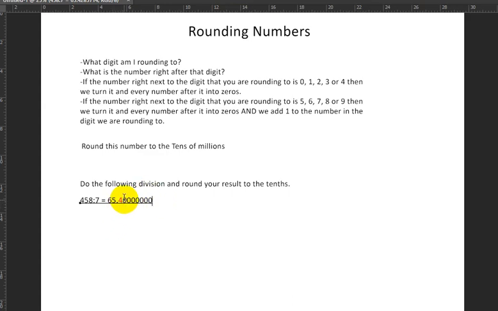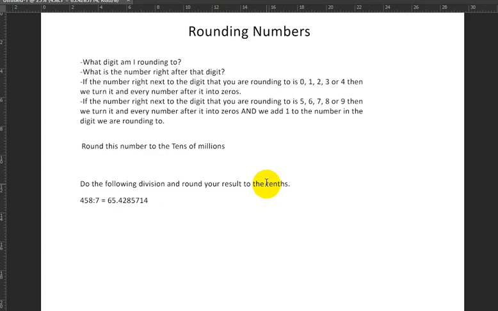We don't do anything to it. And because it's a decimal number, we can delete these zeros as well. They're not necessary. So my result becomes 65.4, which is much more manageable and much easier to write, and so on and so forth.